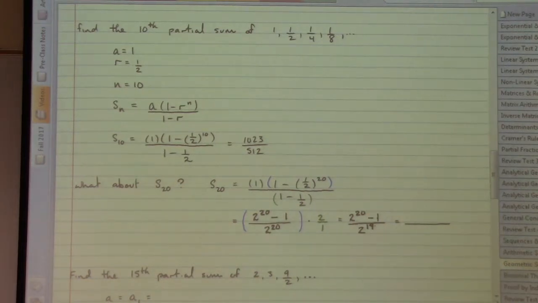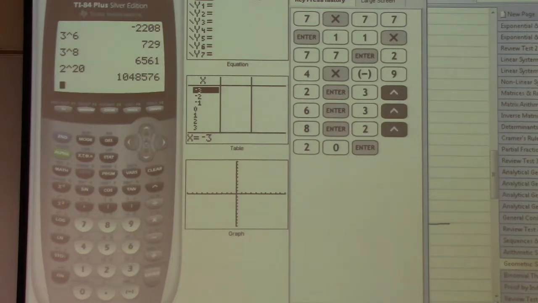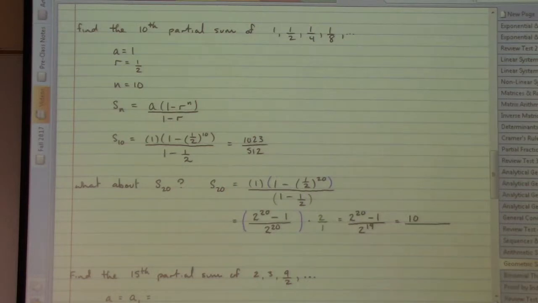Now I can go ahead and crank over to my calculator and see what that calculator can do for me. 2 to the power of 20. Now subtract 1. 1,048,575 would be that numerator.